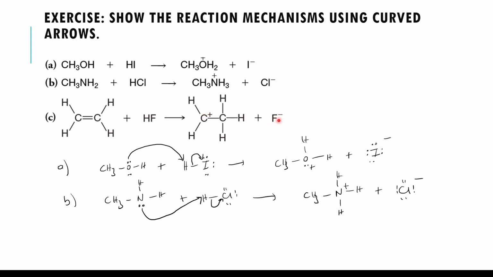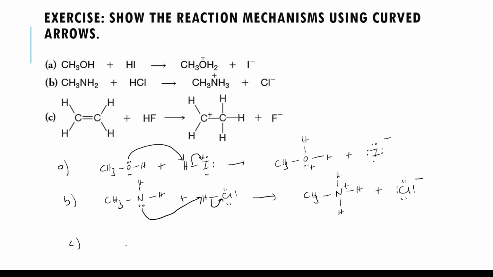And we also have a fluoride anion as the product. Okay, now we have here a pi bond between carbon and carbon, so it's broken, and it is used to make a bond between this carbon and this hydrogen. So let's rewrite the reaction again.